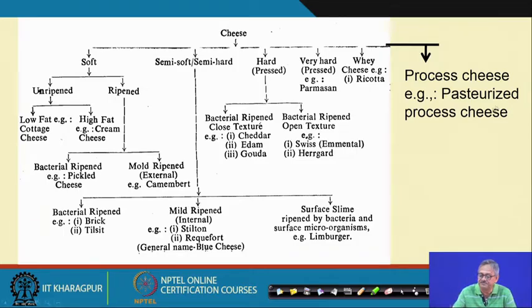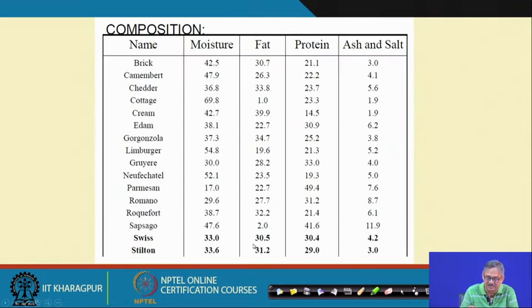So processed cheese, pasteurized processed cheese, then whey cheese which is ricotta, very hard pressed cheese is Parmesan, hard pressed cheese here cheddar, Edam, Gouda, or bacterial ripened open texture, that was closed texture, Swiss or Emmental, or here also we get Stilton and Roquefort, which is commonly known as blue cheese.